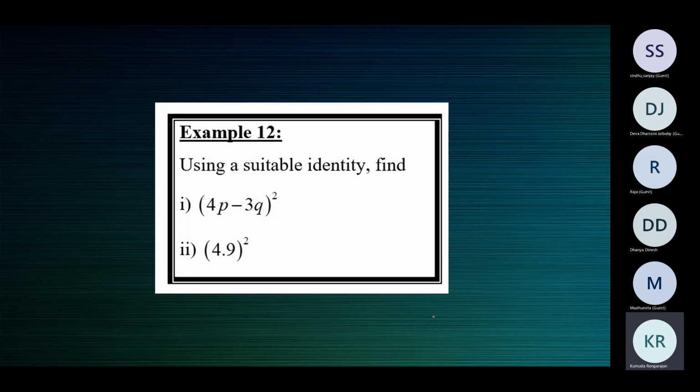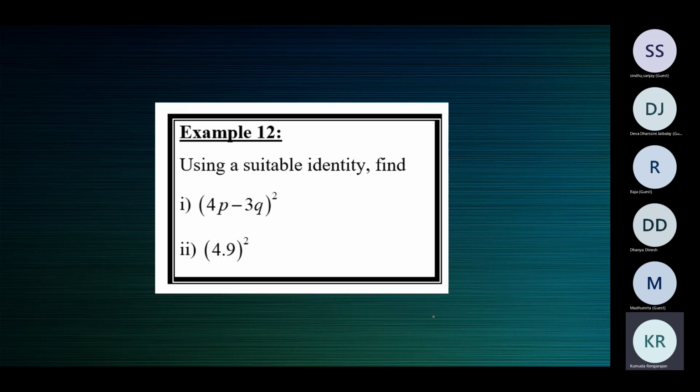Applications of identities are many, and we've just started using them. So now don't ask why, if I multiply 4.9 into 4.9 directly, I'll get the answer so quickly. Why should I use the identity? We'll see that. For now, 4.9 the whole square can be written as 5 minus 0.1 the whole square.